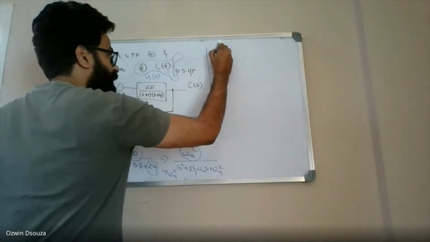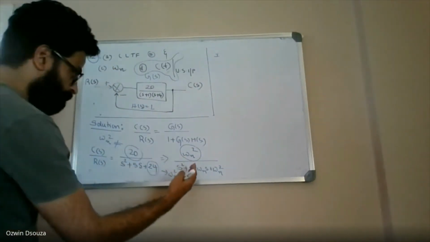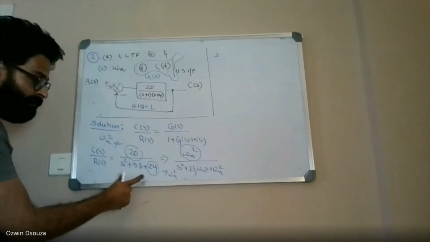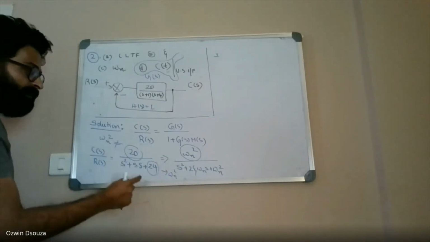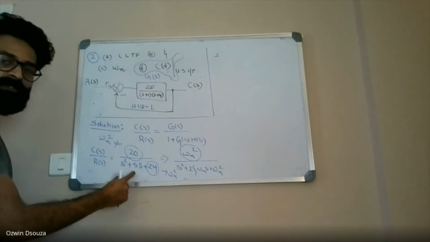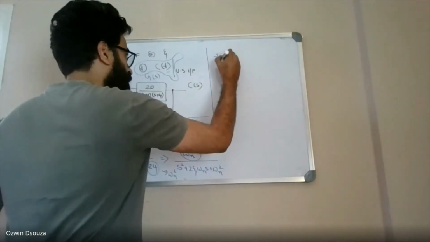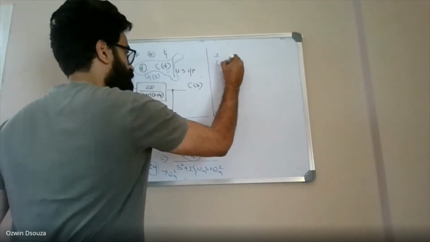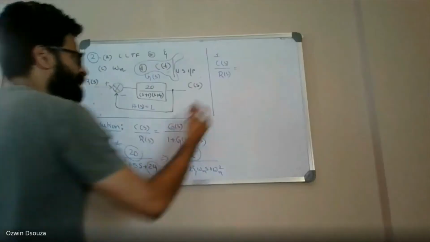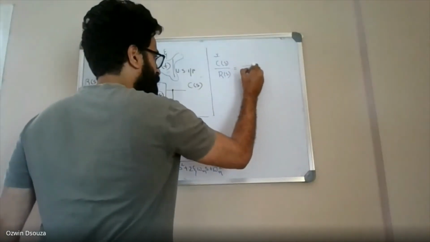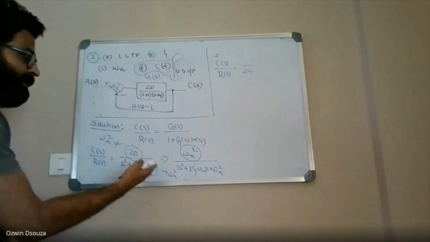Since the given system is not in the standard form, let us convert the given system description into the standard form. You can write C of s by R of s is equal to, I can multiply and divide with omega n square. In our case, omega n square is 24.